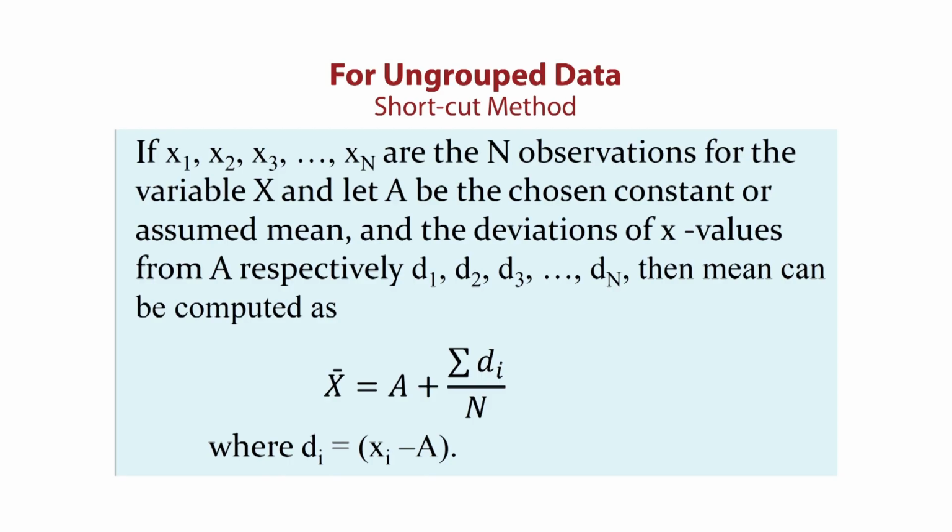If x1, x2 up to xn are the n observations for variable x, we choose a constant capital A as an assumed mean, and then take the deviations of all the x values from this assumed mean, giving d1, d2, d3 up to dn. Then we use the formula x bar equals A, the assumed mean, plus summation of di divided by capital N, where di is the deviation.